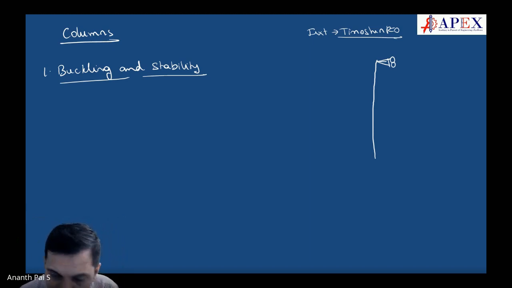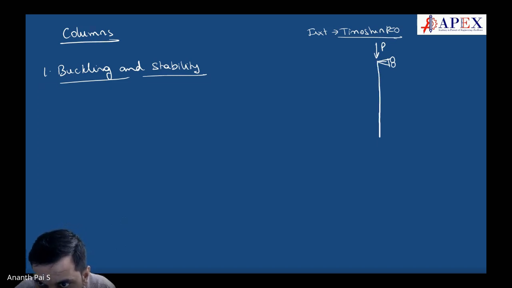So what happens? Because of the compressive load which is being put on this, let a compressive load P act on this thing, and this is a surface.